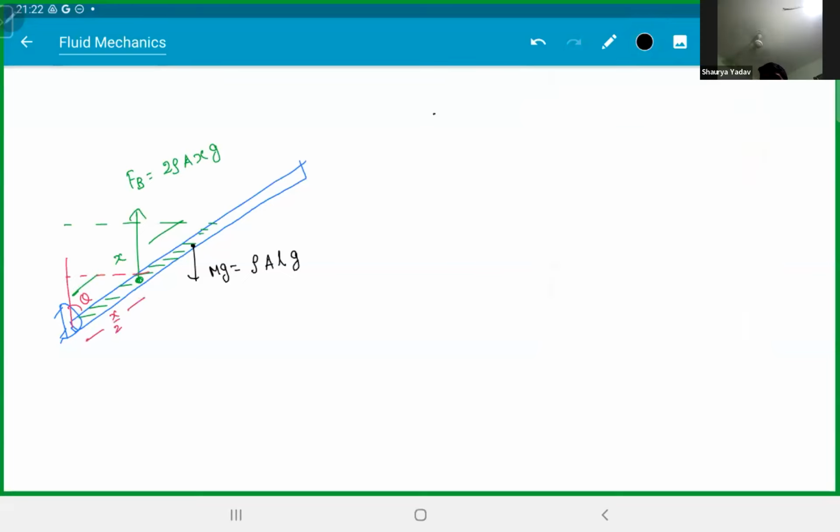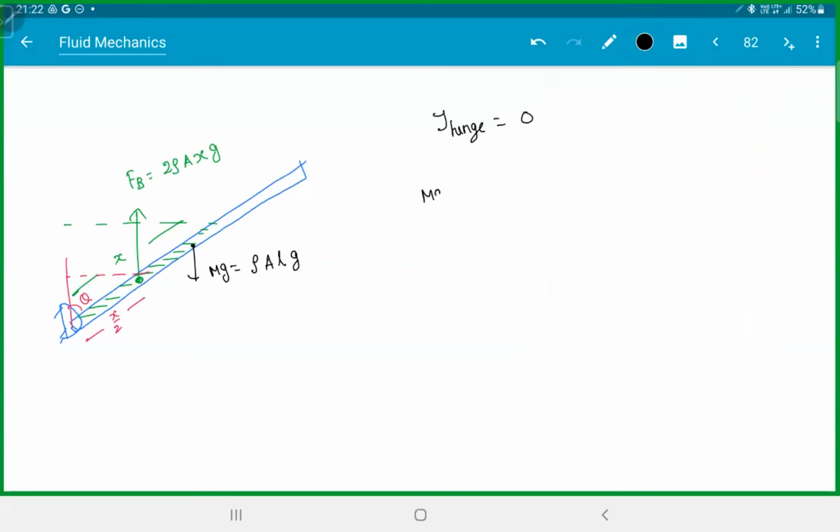So if we take torque about the hinge, net torque should be 0. That will be the torque due to the hinge, which is 0. So mg's torque will be mg into perpendicular distance, L by 2 sine theta, which should be equal to the buoyancy force Fb into x by 2 sine theta.